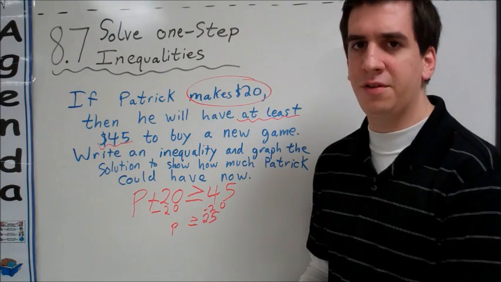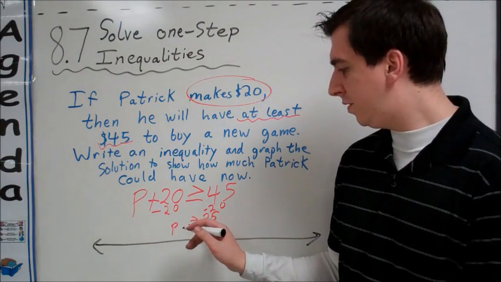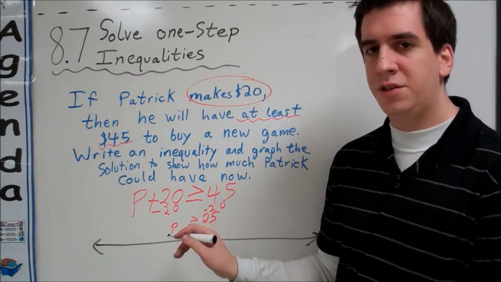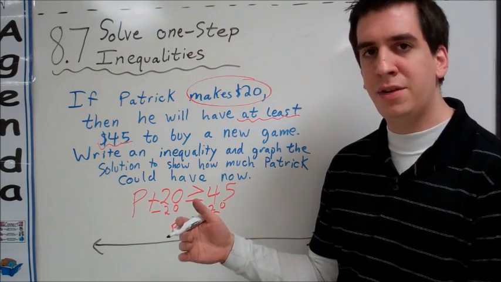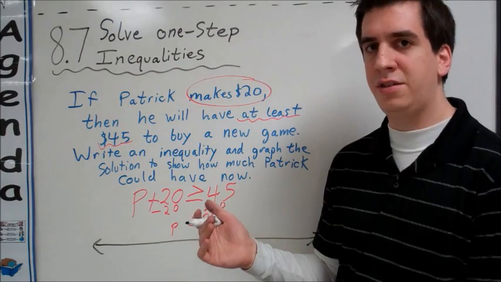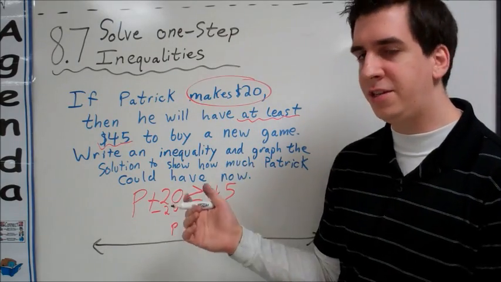How should we make our graph though? Since we know that we're dealing with the number 25, we should probably make our graph start at 25, or maybe we could put 25 in the middle. We can make it however we'd like to. I'm going to go by fives here.